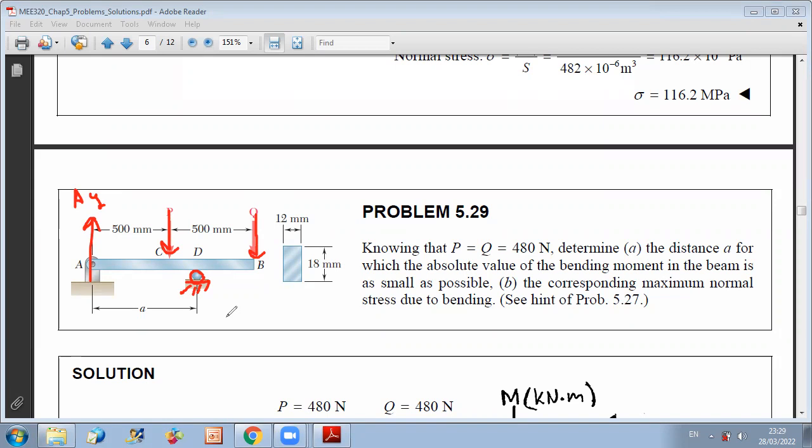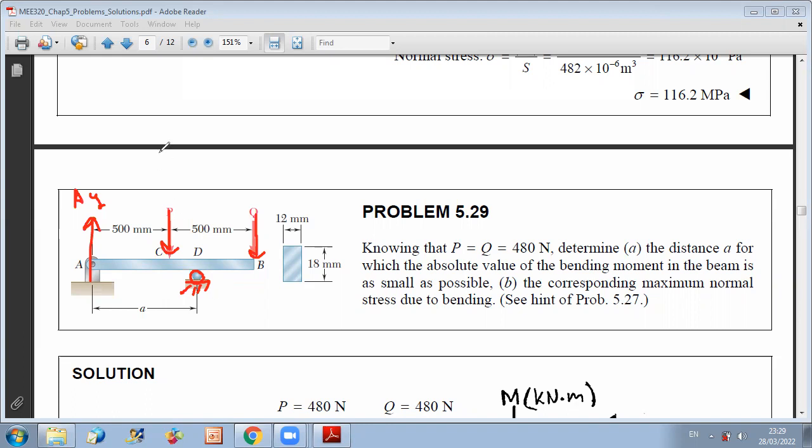Okay, so first, since A is an unknown parameter, we'll draw the shear and bending moment diagrams as a function of A, and we can find then the positions of maximum bending moment. We'll express these moments as a function of A, and then we'll deduce how A will affect the bending moment at extreme points.